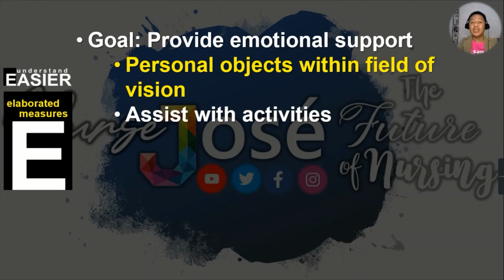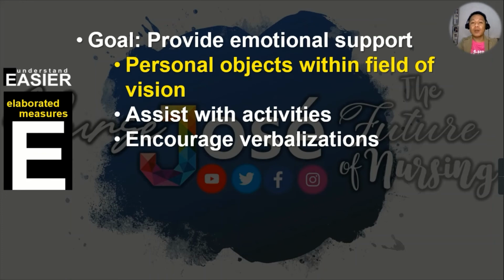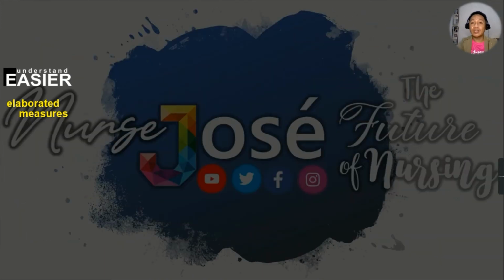At the same time, you have to assist the patient with activities of daily living, but of course you will not be promoting dependence; you are going to assist the patient especially upon moving or performance of the activities of daily living. And you are going to encourage the patient to verbalize feelings, especially anxiety and stress, and of course the fear of losing one's vision.